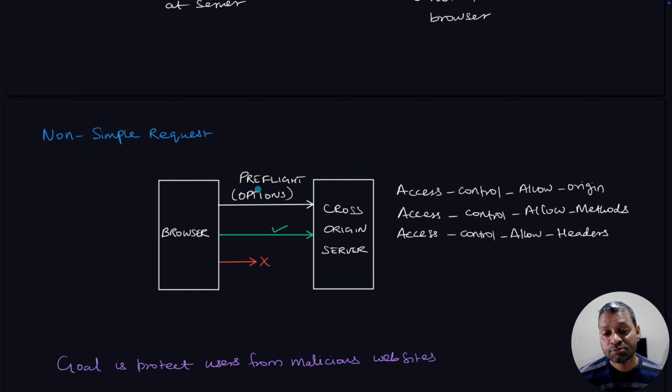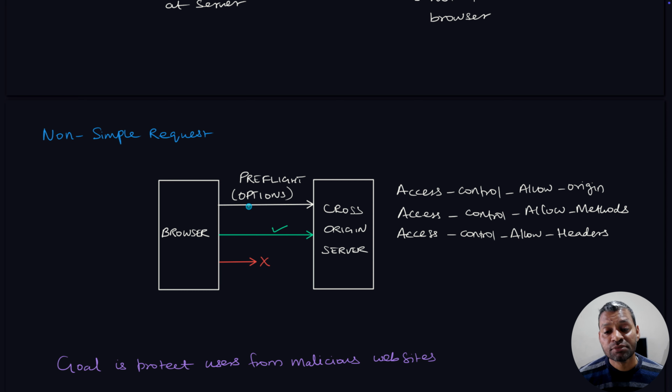So that is why this pre-flight request is very useful, because if you see the difference between simple and non-simple request, on the simple request, the server may end up processing the request. It's only that the response will not be processed by the browser. But in non-simple request, we won't send the actual request to the server.